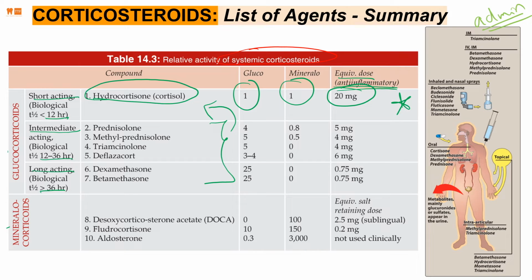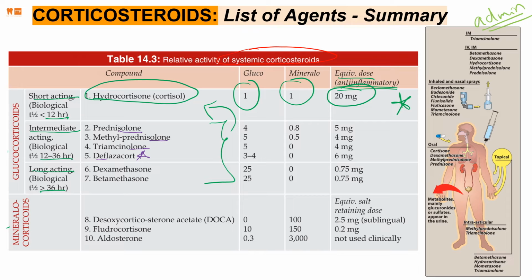In other words, hydrocortisone is the number one drug of choice for cortisol replacement. Intermediate acting are prednisolone, methylprednisolone, triamcinolone, and deflazacort. Deflazacort is not so significant, but the other ones are important to remember, guys.